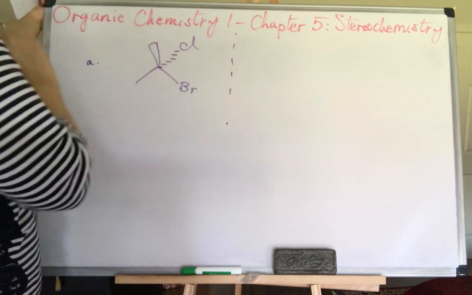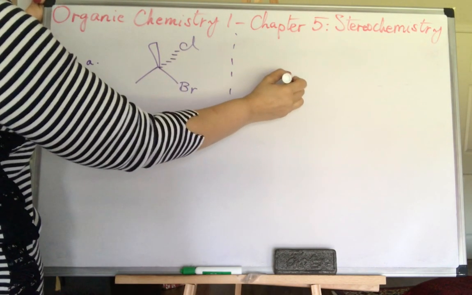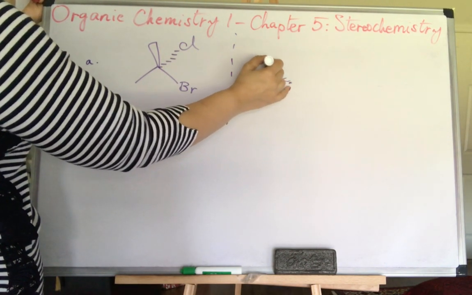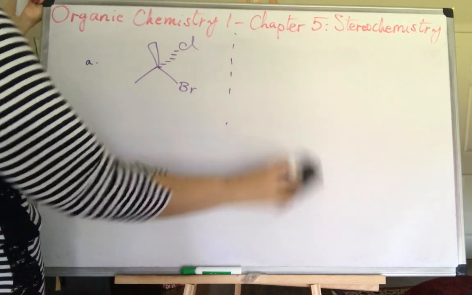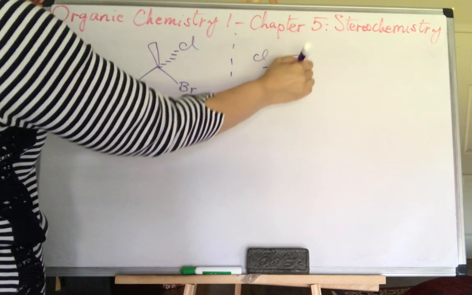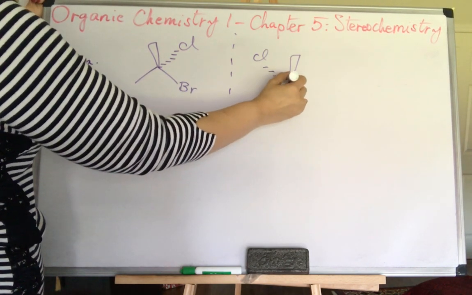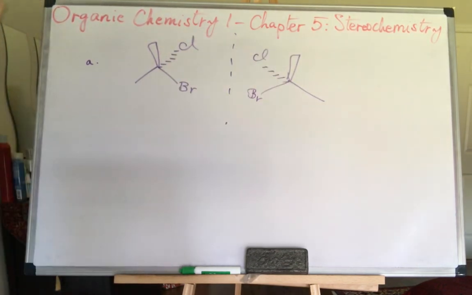Imagine you have a mirror here, and then the mirror image has carbon here, chlorine, then you have another group. Then you have bromine closer, and another group to the back. That's the mirror image of this molecule.